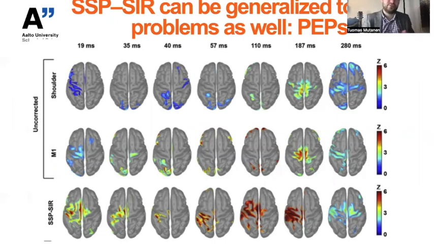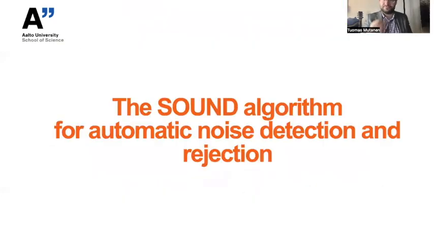So without cleaning, both the direct stimulation of M1 with TMS and the shoulder stimulation actually result in surprisingly similar looking brain responses. But after cleaning, we can actually recover a very different looking pattern that is much more emphasized on the motor system. So that was interesting, showing potential for this method.